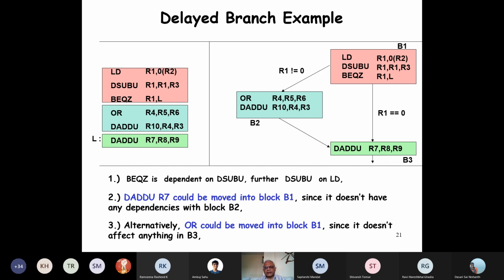But what about this target path instruction, double add unsigned R7, R4, R8, R9? Yes, we can also put this because R7 is not used in the fall through path. So we might move instructions from the fall through path or the target path if they don't affect the results computation in the other path.